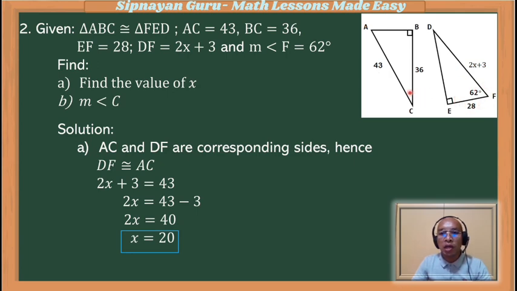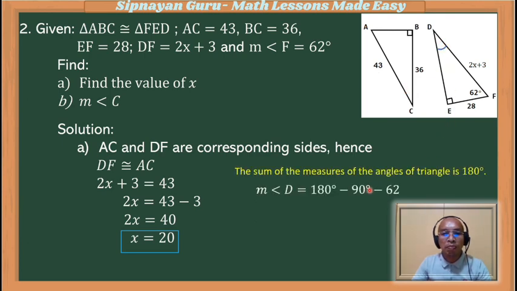For us to get the measure of angle C, we have to know the measure of angle D. To solve for D, 180 minus the given angles, 90 degrees minus 62 degrees, is 28 degrees. So 28 degrees is the measure of angle D, and it corresponds to angle C. Therefore, the measure of angle C is 28 degrees.